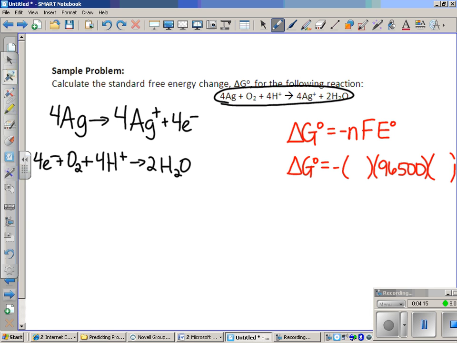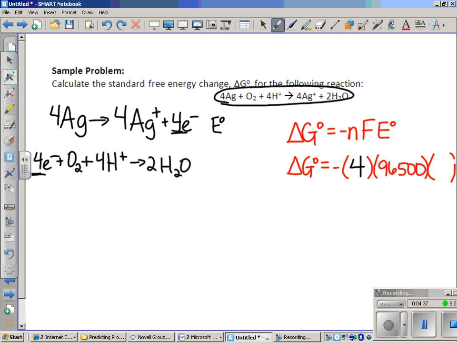So you can see right away it was 4 electrons that were transferred. So that is N, and I get to plug 4 in. You just figure out your electrons, and the number of electrons you have is what goes there. Then we have our 96,500, and then we need the standard cell potential. To figure that out, we're going to look up both of these reduction potentials off the table.